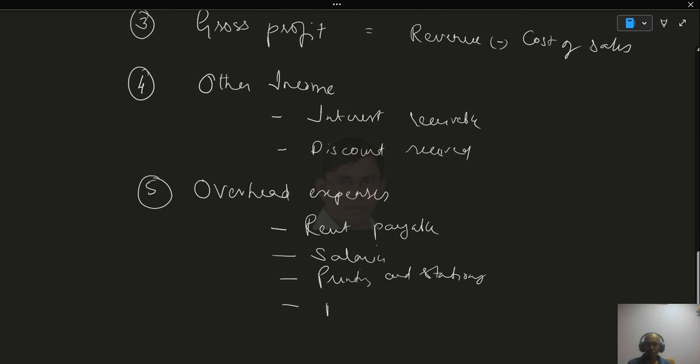This may include even depreciation charge, depreciation. So all those things. These are the expenses which are not incurred for the purpose of making the goods ready for sale. These are after expenses. So you have to remember this one. So that will give you, after doing this, profit for the year.